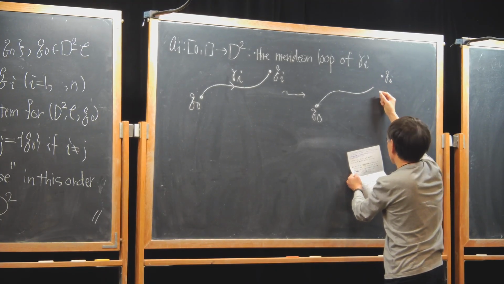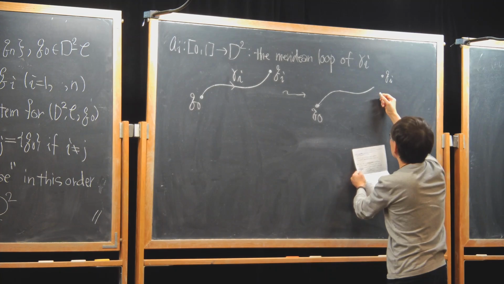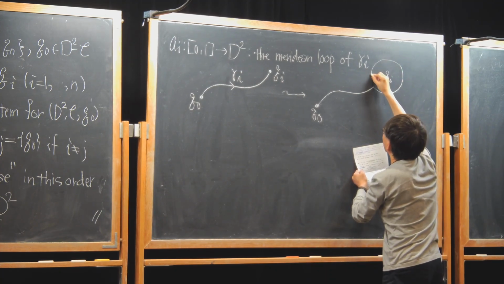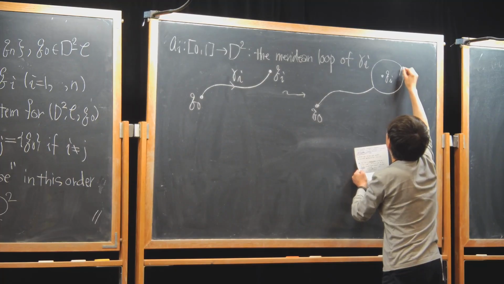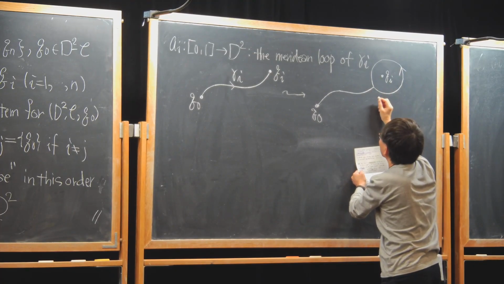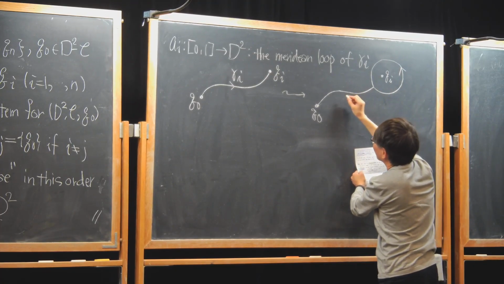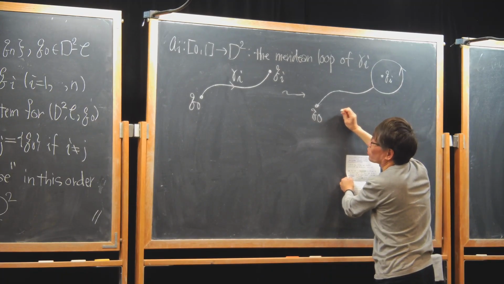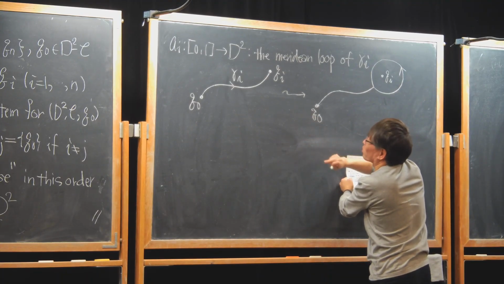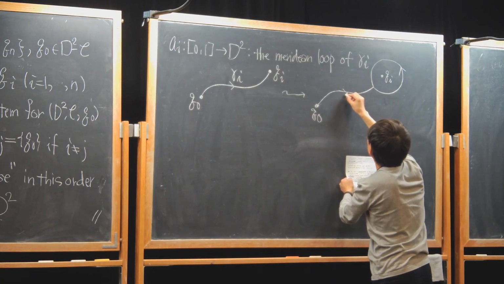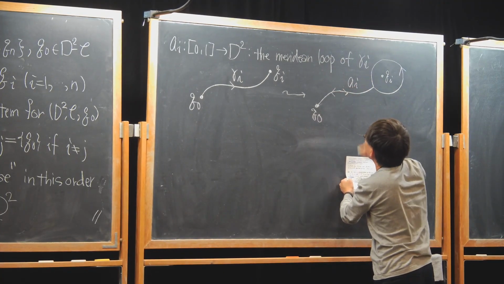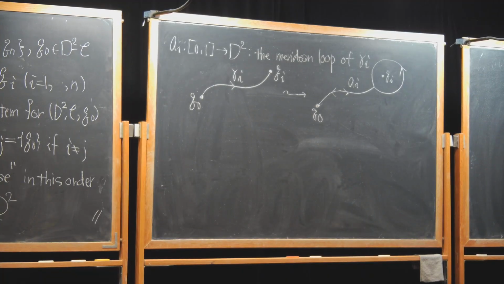And then you go around the point Qi in the counterclockwise direction, and then you go back to Q0 along the inverse of gamma i. This loop is called a_i. Okay.